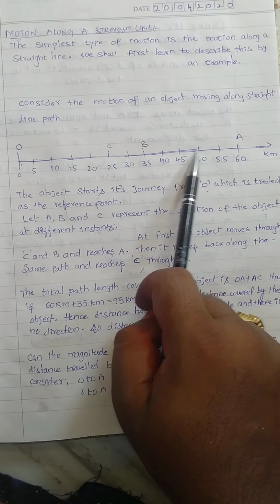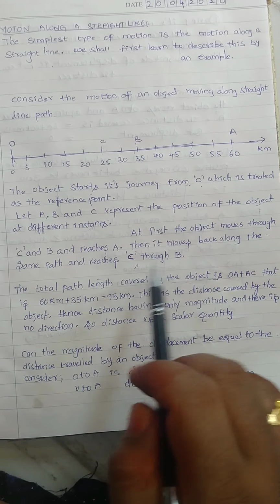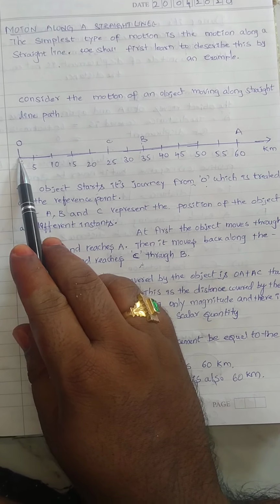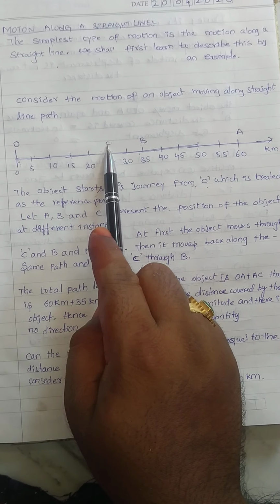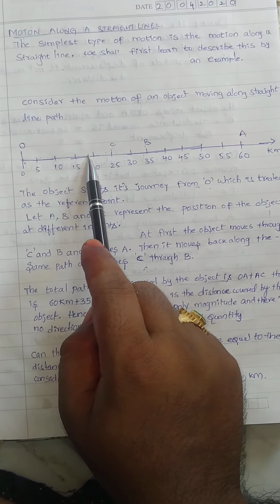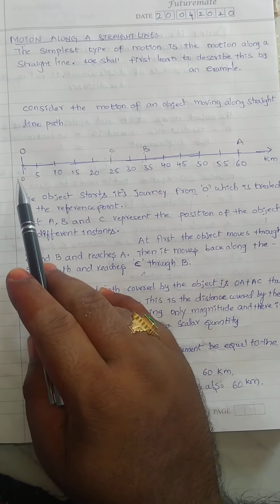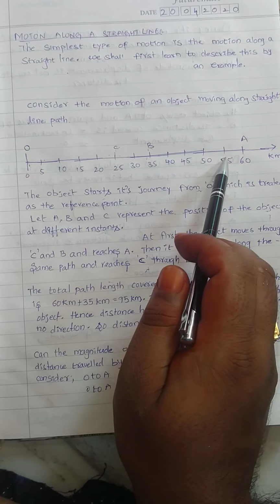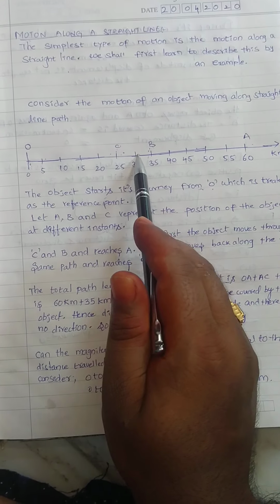Now see the total path length covered by the object. It moved from O to C, C to B, and B to A. Again it moves A to B and B to C. Distance means the total path length covered by an object. The total path length is OC plus CB plus BA, again AB plus BC.